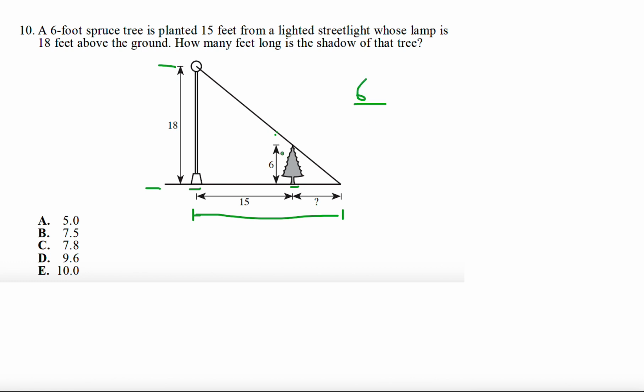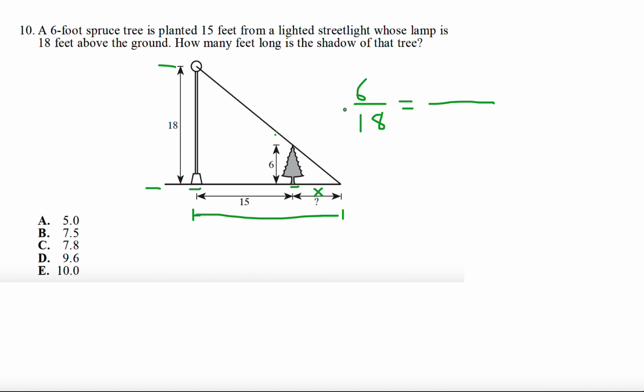We know that the triangle that this spruce tree makes has a height of 6, and the street lamp has a height of 18. So we can set it up as a proportion, and as long as we remain consistent, we'll set it equal to the base. We don't quite know the length of the shadow that the spruce tree casts, so we can use x to represent it.